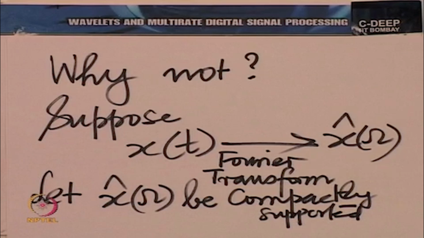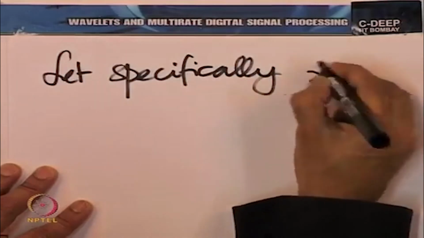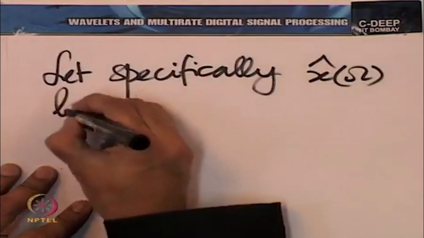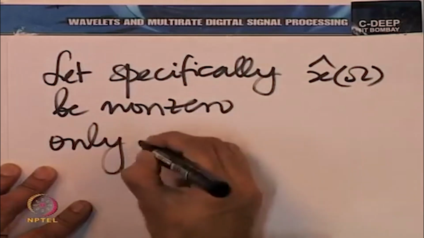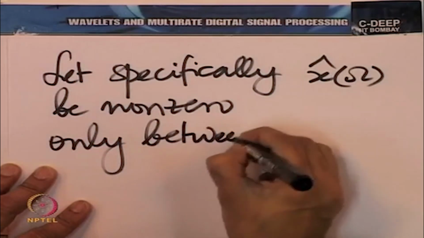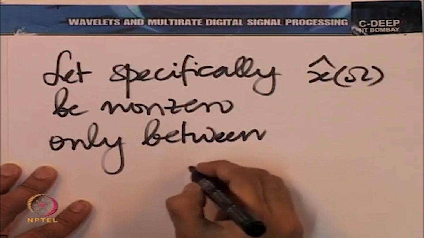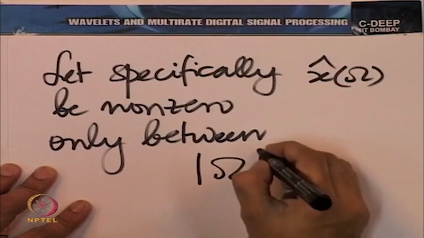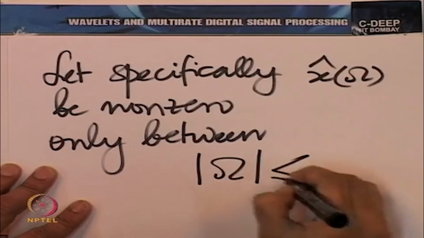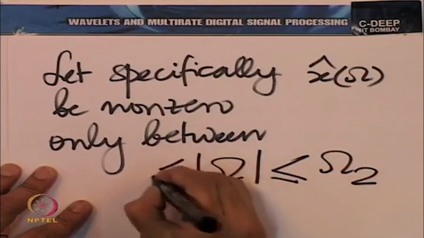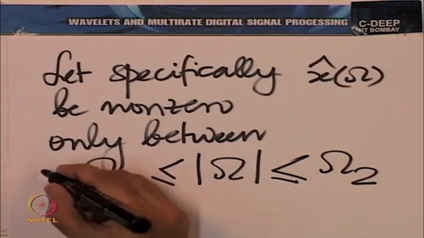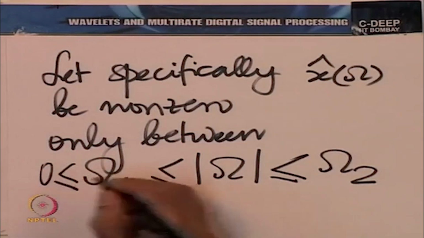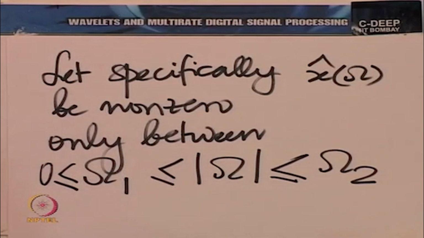In other words, let specifically X cap(omega) be non-zero only between omega 1 and omega 2 in magnitude. Of course, needless to say, omega 1 is greater than or equal to 0 and therefore, also omega 2.